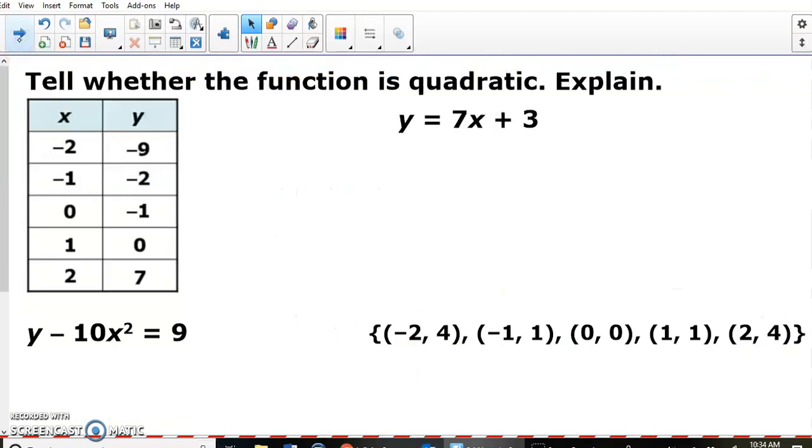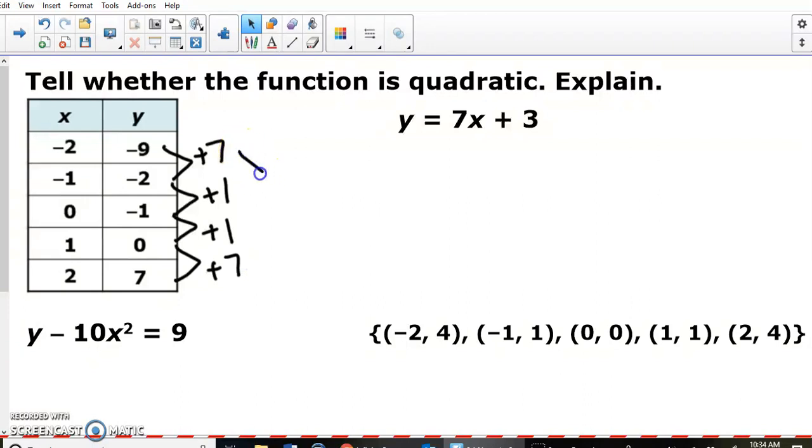Okay, so let's look at some examples in order to tell if it's quadratic or not. First of all, we're going to look at all of our y values, and we're going to see how much they're increasing or decreasing by each time. On this first one, it went up 7, then it went up 1, then it went up 1 again, and then it went up 7 again. That would be our first level of differences.